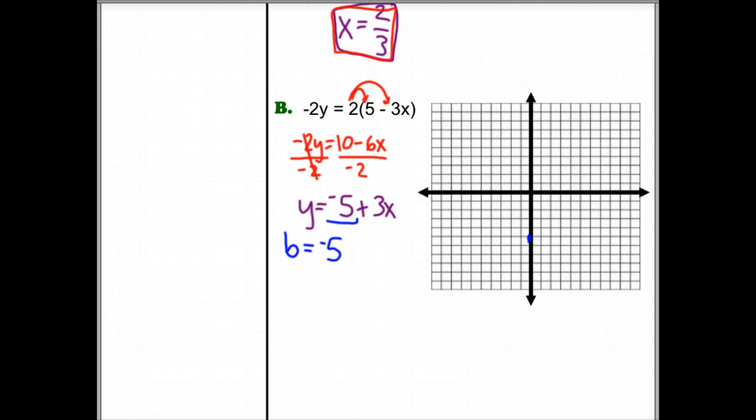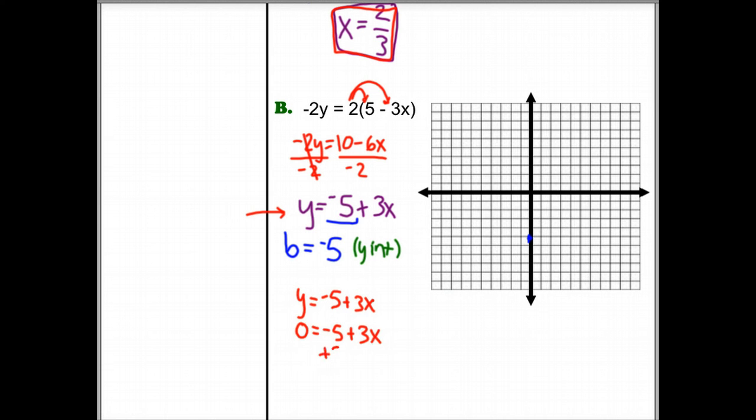Now we want to find our x-intercept. So we just found our y-intercept, but now we want to find our x-intercept. So what we do is we plug 0 in for y. We're going to use this equation here. So we have y equals negative 5 plus 3x. So we substitute 0 in for y. 0 equals negative 5 plus 3x.